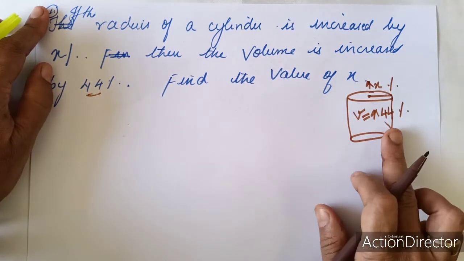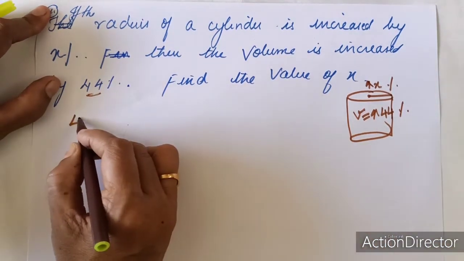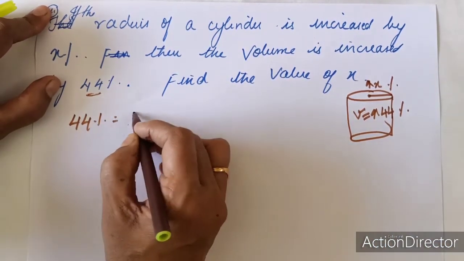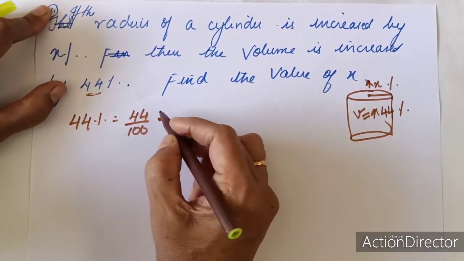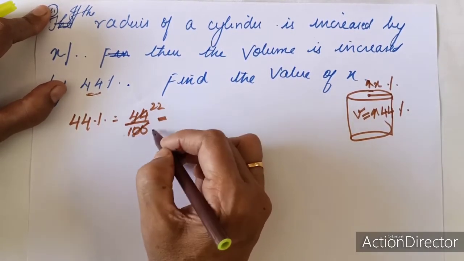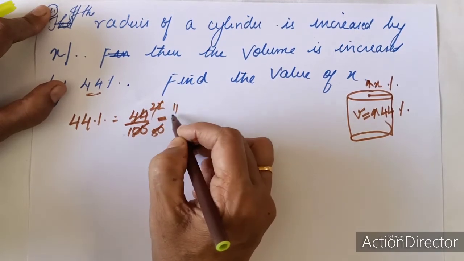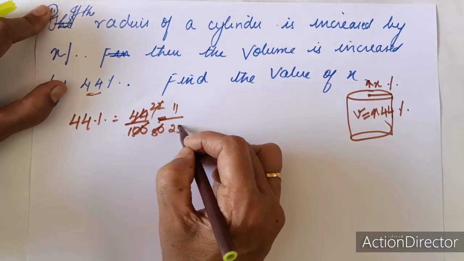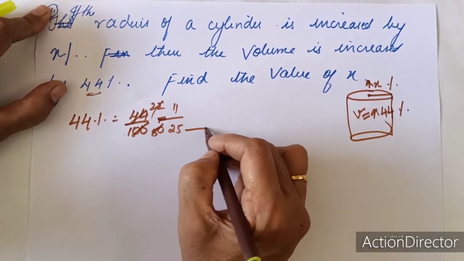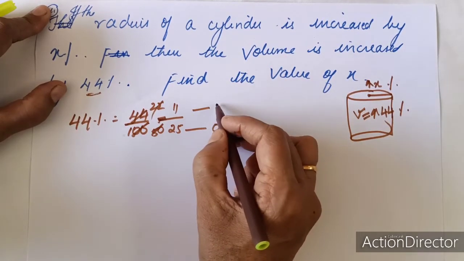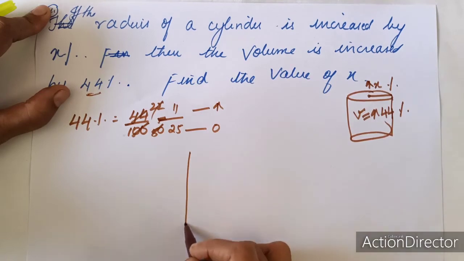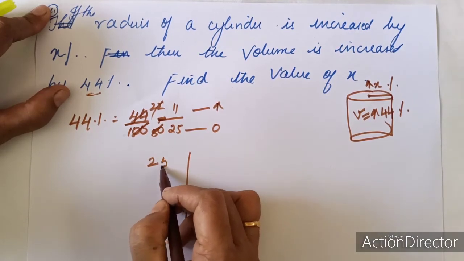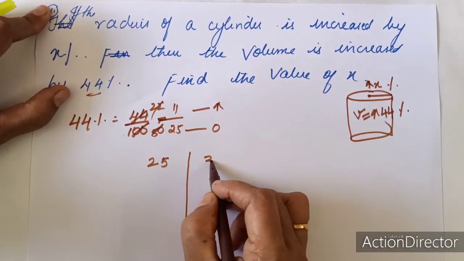So let me proceed. So 44% can be written as 44 upon 100, which is equal to 22 upon 50 or 11 upon 25. So this is the simplest form. So 25 will be the original and 11 will be the increment. So let us make two columns now. So original will be 25 and increased will be 36.